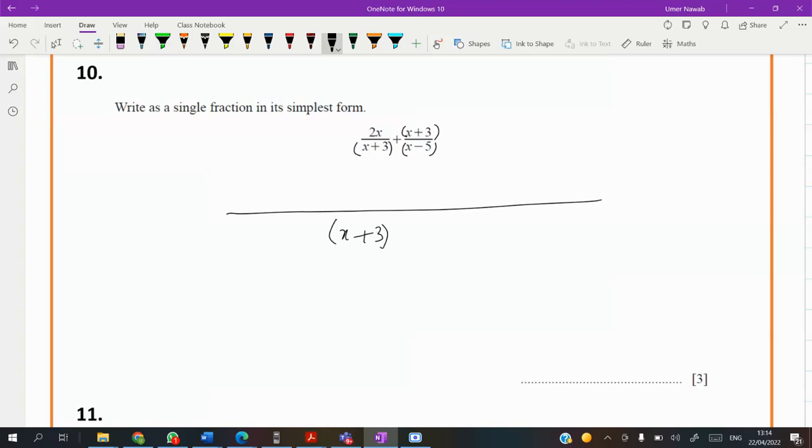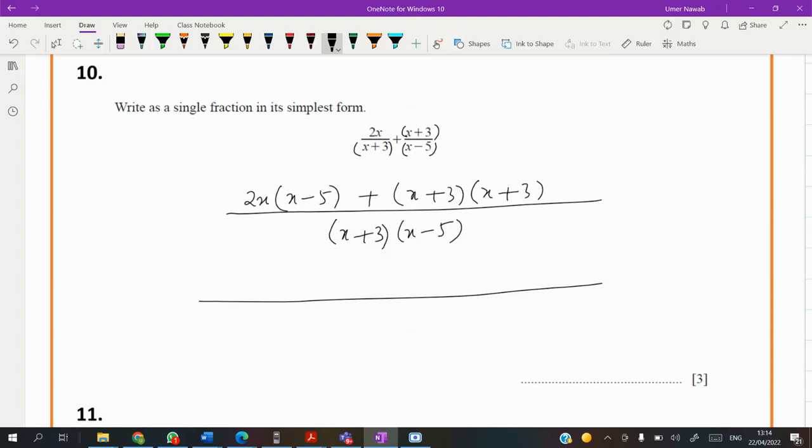X plus 3, x minus 5, 2x, x minus 5 plus x plus 3 and x plus 3. 2x squared minus 10x. Oh, great job. Because we have a plus sign, no worries. Otherwise, if it was a minus sign, guys, then I have to use the bracket, because if there is a minus here, it will change the signs.